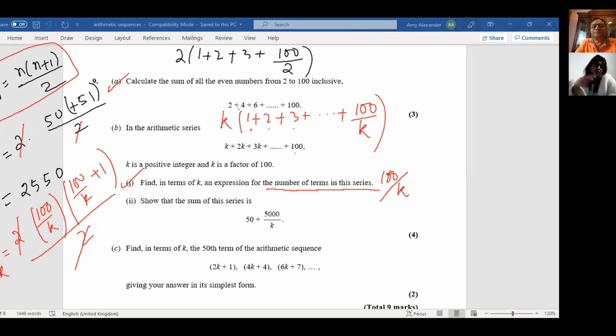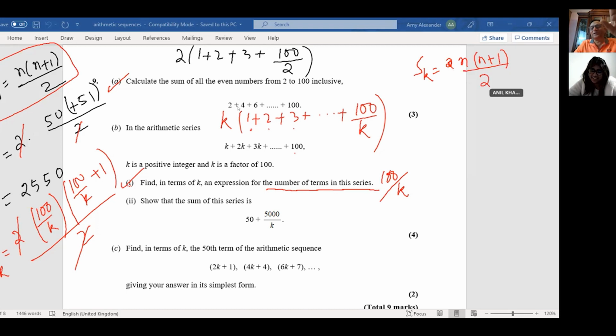Yeah, but you wrote 2 times 100 over k. Yeah, because I see, I'm rewriting. I'm writing the formula is 2 times n plus 1. Why did I write 2 times? Oh, sorry, k times. I'm so sorry. I got mixed up. This is the formula, right? Sorry.